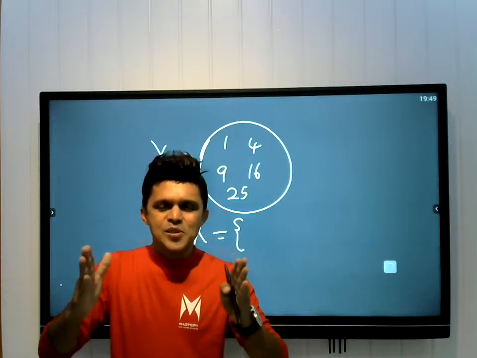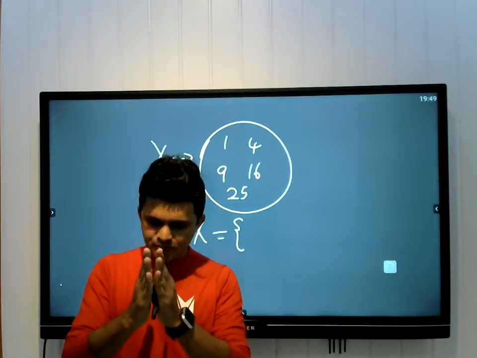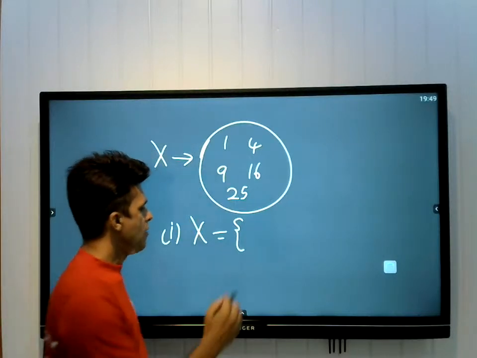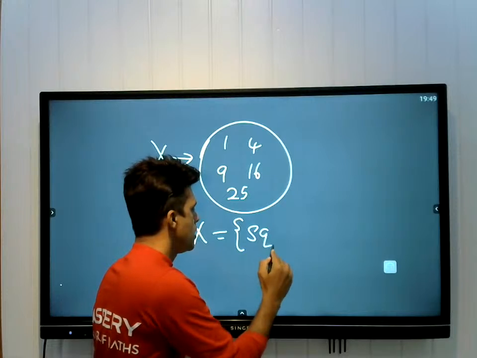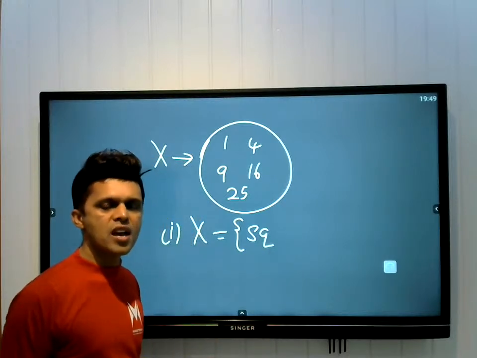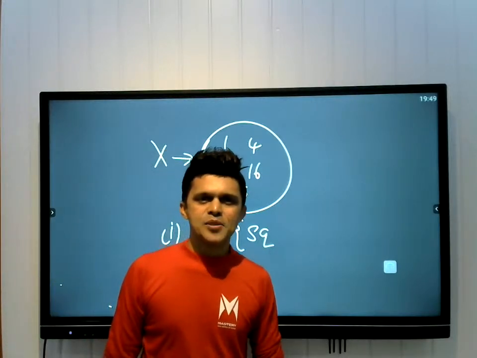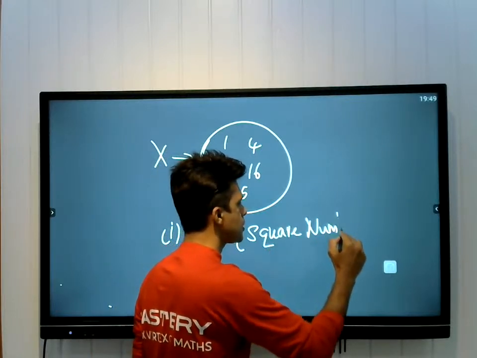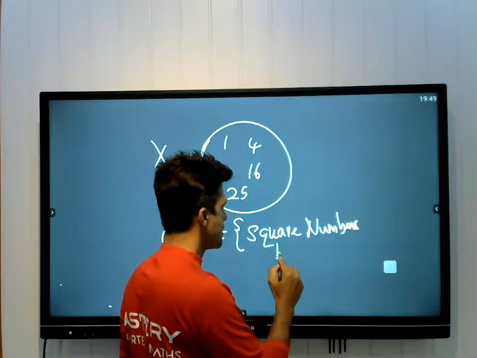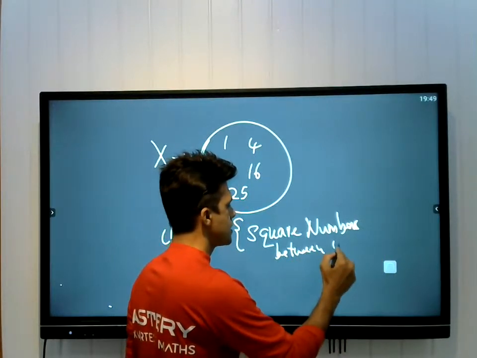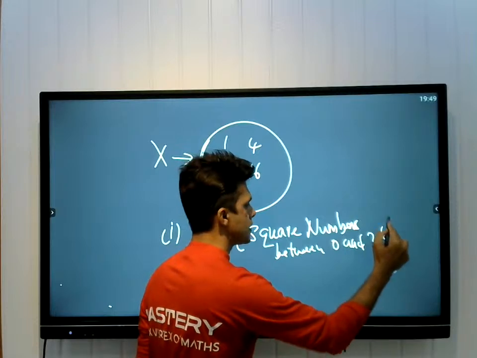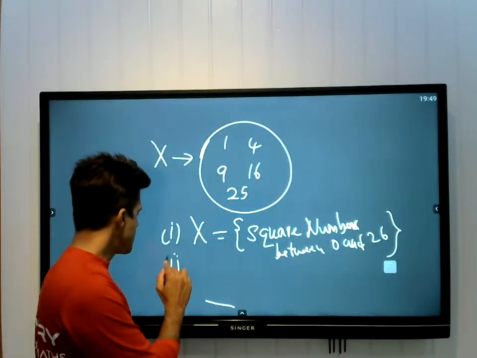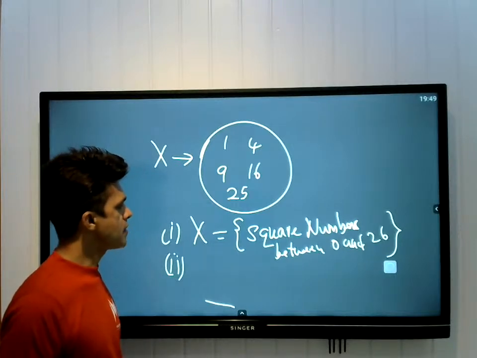These are the square numbers between 0 and 26. I'll now write the set X by description: square numbers between 0 and 26.